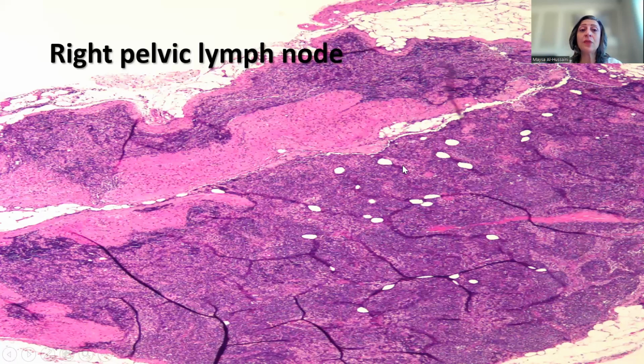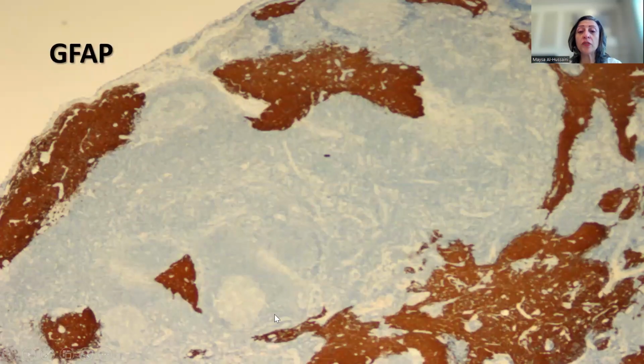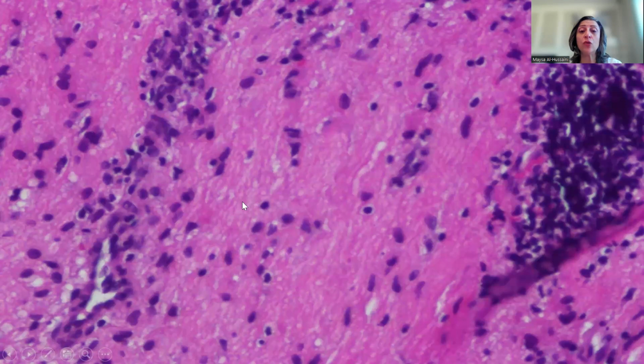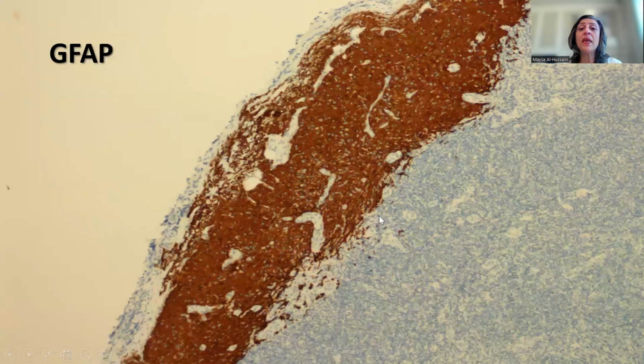But what was interesting in this case as well is that with the pelvic lymph node dissections, one of the lymph nodes displayed this fibrillary acidophilic component that was positive with GFAP immunostain. On high power magnification, it is very similar to the component that was present in the peritoneum; we have the fibrillarity, the mature-looking glial tissue, and again on GFAP immunostain, this is the positive staining.